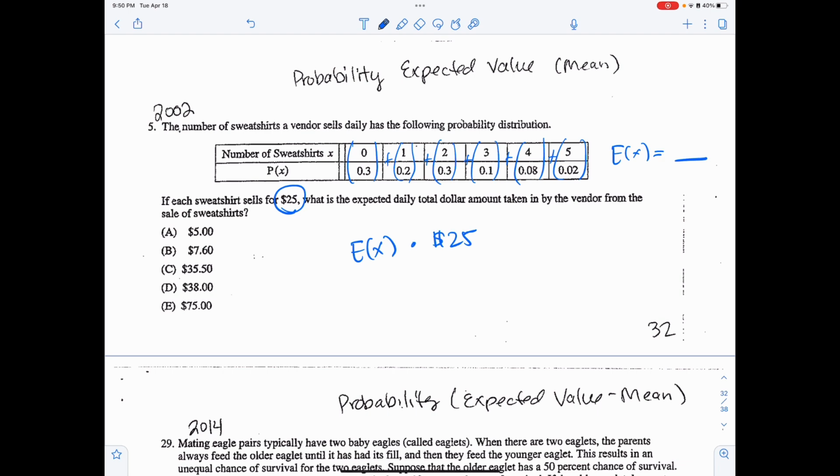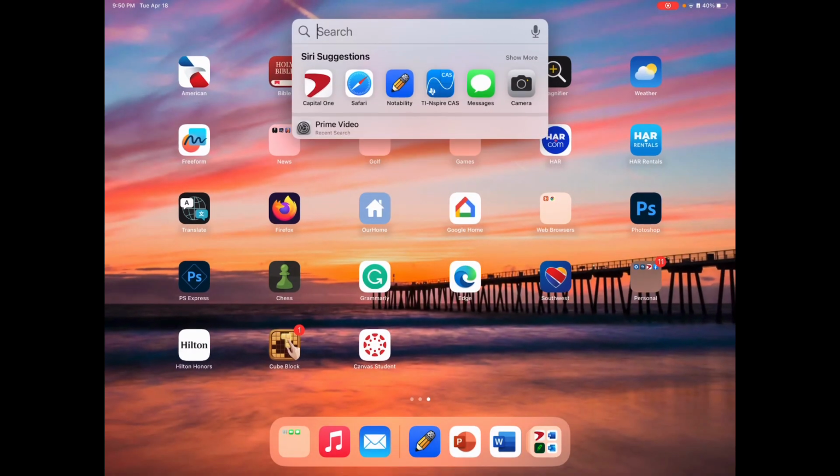So you're going to put this into your calculator. So let's go ahead and put it into our calculator. Let's get my CAS here.